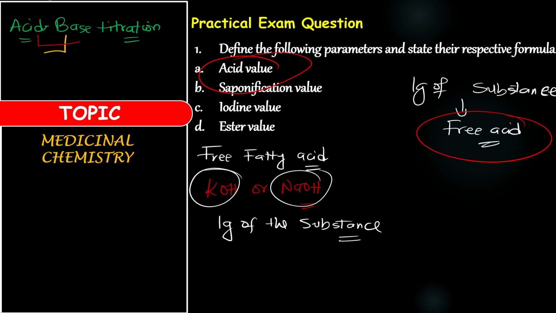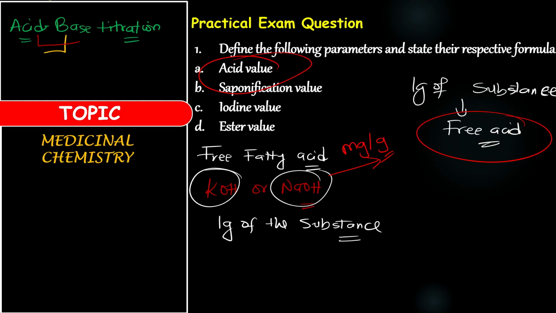What do you do? You titrate it with either KOH or sodium hydroxide. The amount of KOH or sodium hydroxide that neutralizes 1 gram is what is called the acid value, expressed in milligram per gram. Is that okay? That is milligram per 1 gram of the substance.